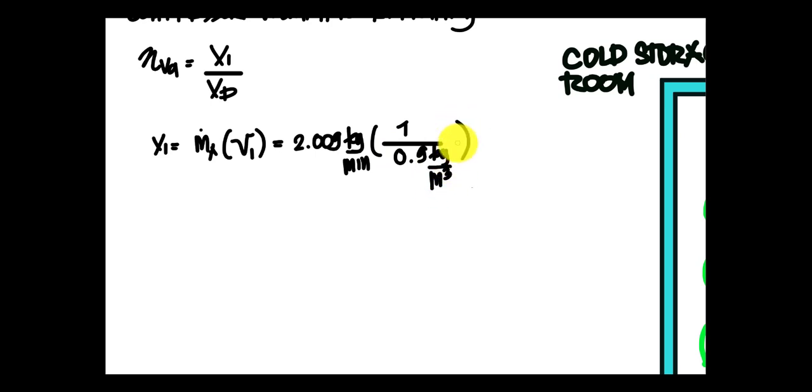Cancelling the common units, the mass cancels out, and what is left is cubic meter per minute.